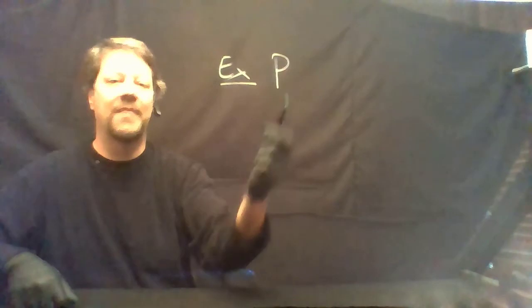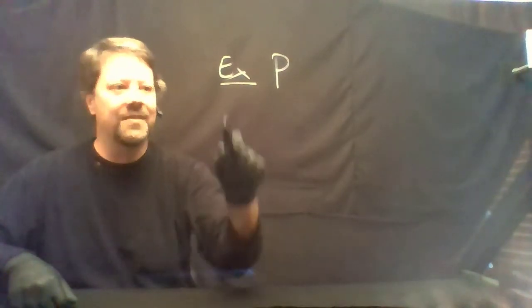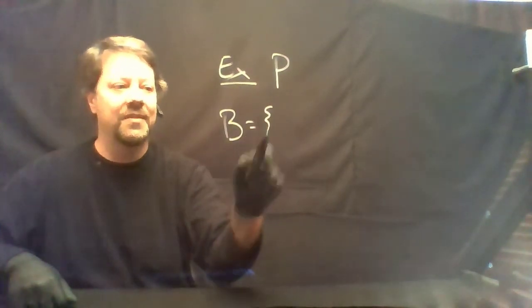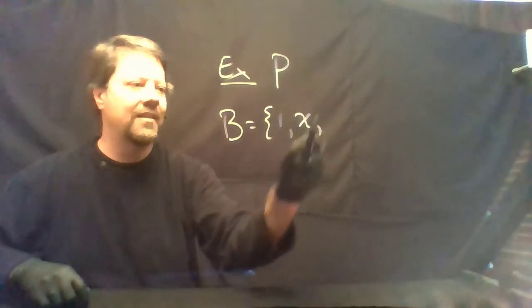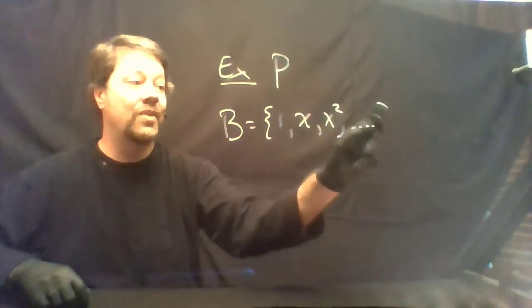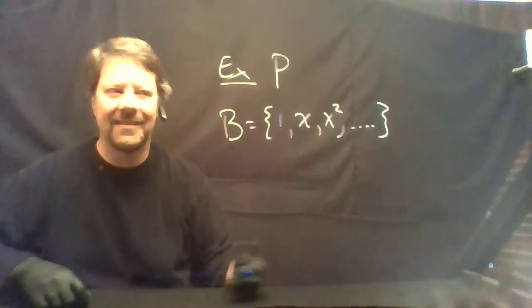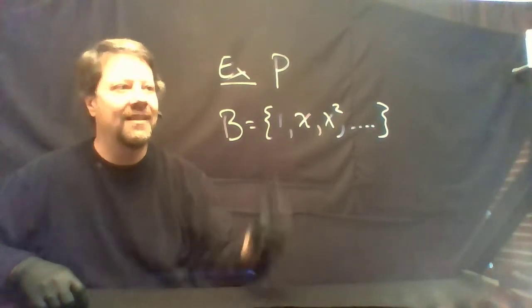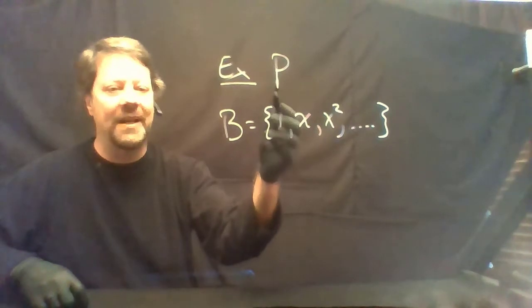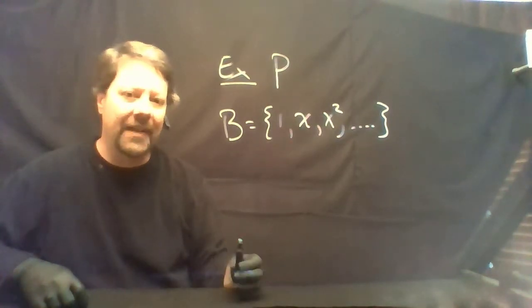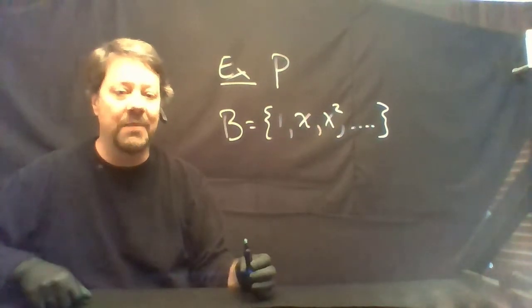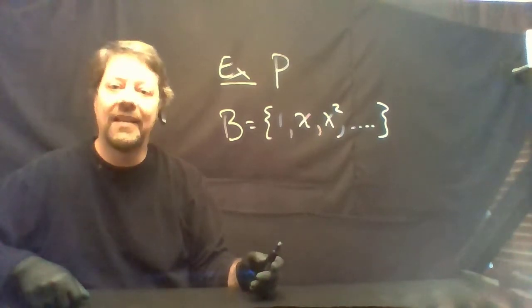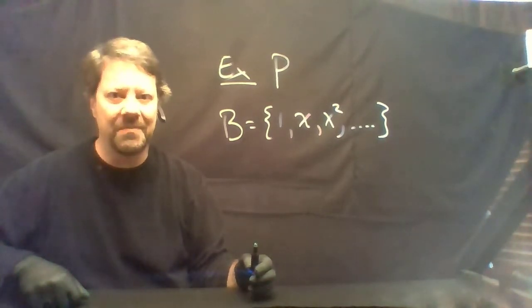As a quick example, consider P, the vector space of all polynomials. It has a basis, 1, x, x squared, and so on forever. This basis is not finite. Since this vector space has a basis that's not finite, and no basis will be finite for it, then it is not finite dimensional.